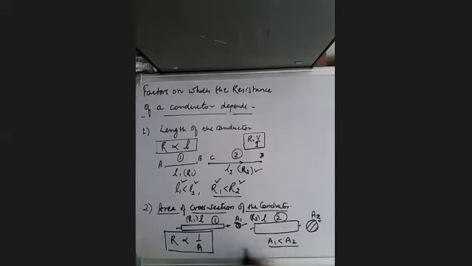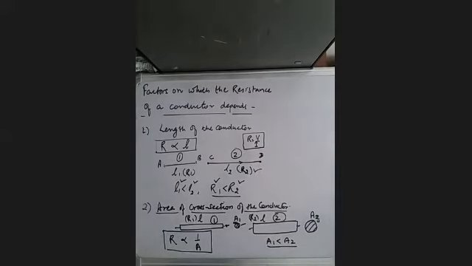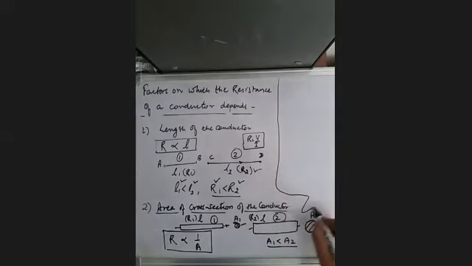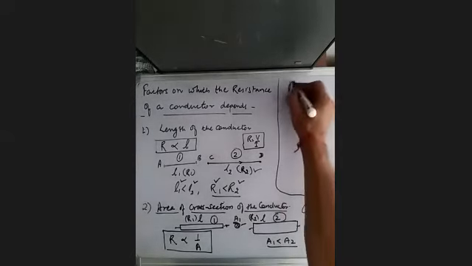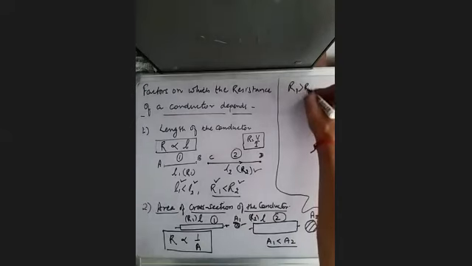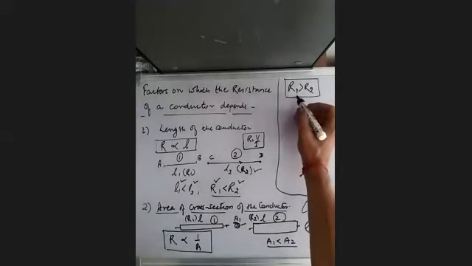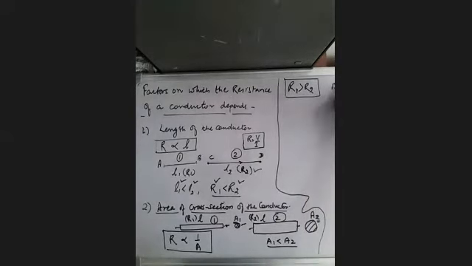What we see is that the resistance of the conductor whose area of cross section is smaller is more than the resistance of the conductor whose area of cross section is larger. So R1 is more than R2 because A1 is less than A2.